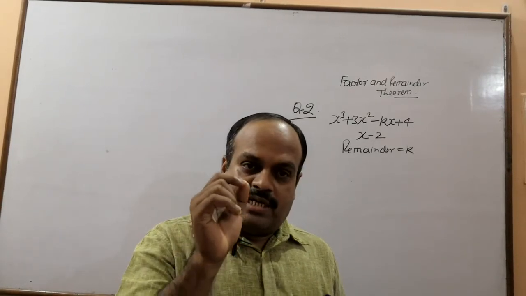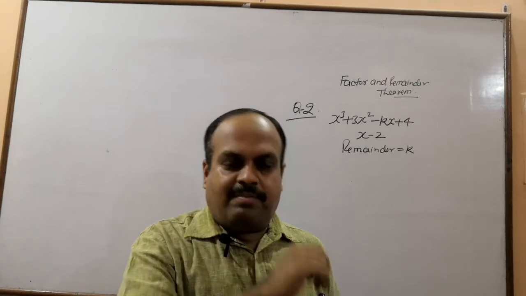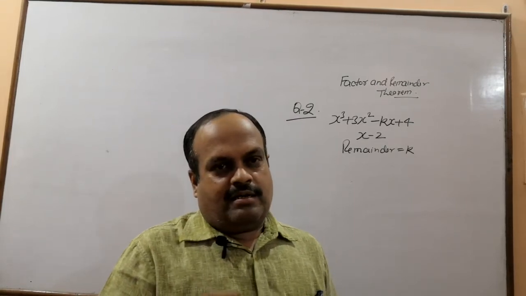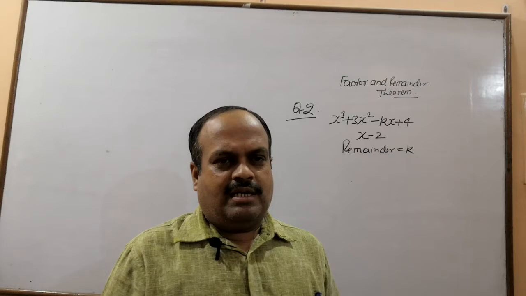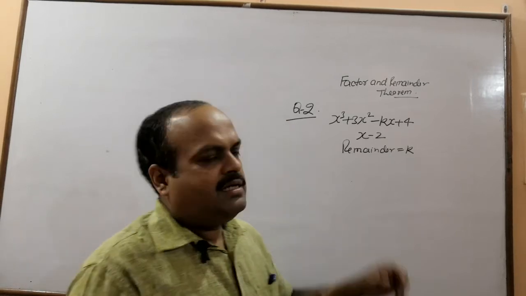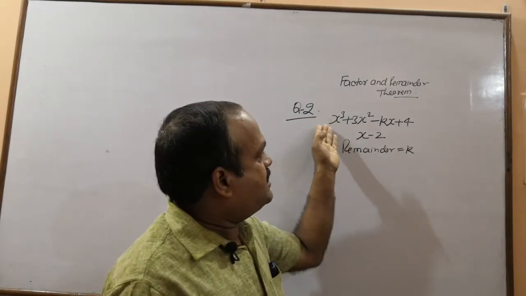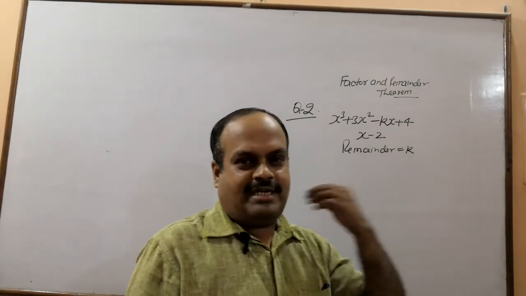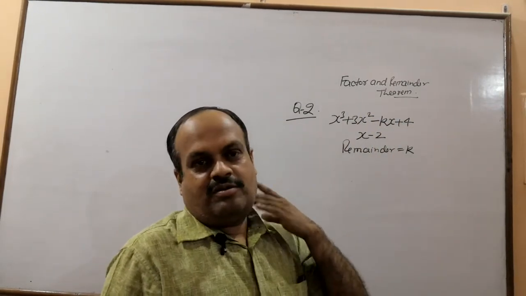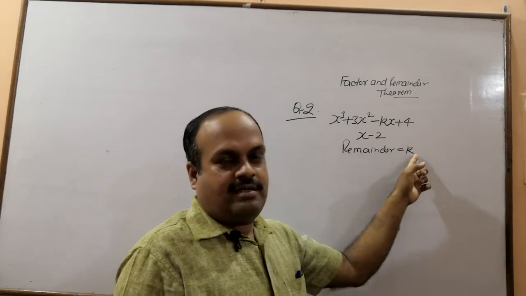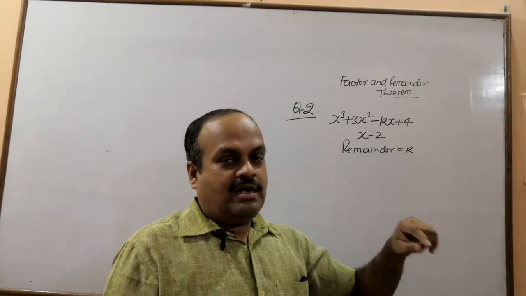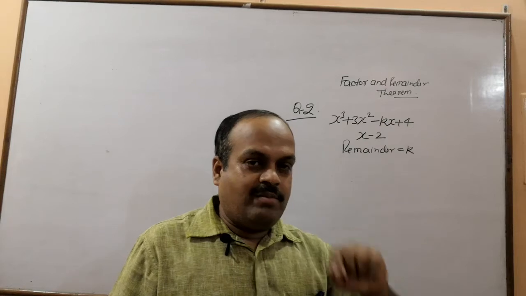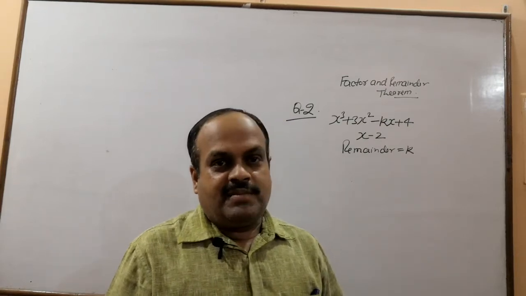So one mistake is made by every student, and that is they write x cube plus 3x square minus kx plus 4 equals to k. No, this is the remainder. k is the remainder. How do we calculate the remainder using the theorem?